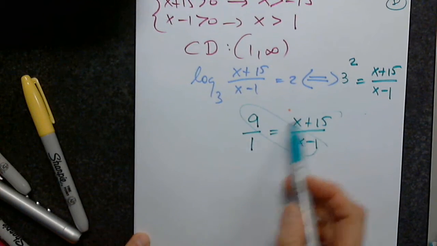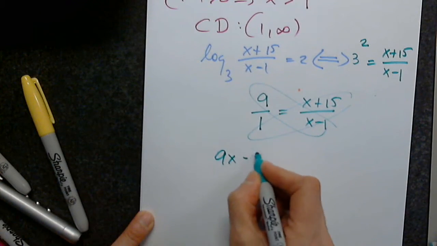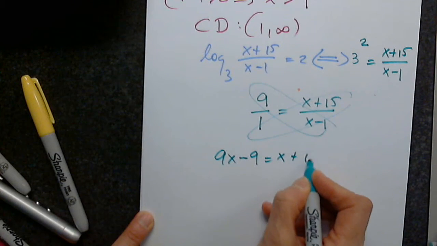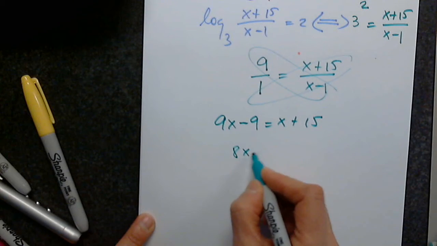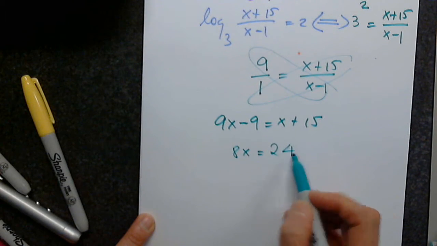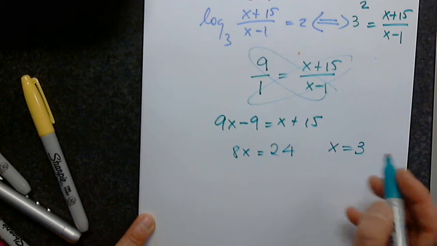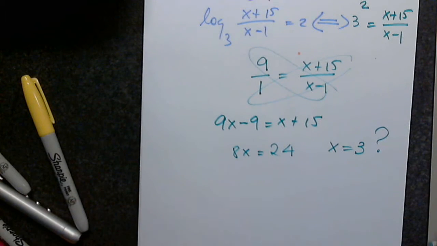So I cross multiply. So I have 9x minus 9 equals x plus 15, or 8x equals 24, or x equals 3. Of course, with a question mark. And you'll tell me whether it's acceptable or not. Acceptable, yes, because it's a number greater than 1. And we took the time to determine that. Okay, very good.